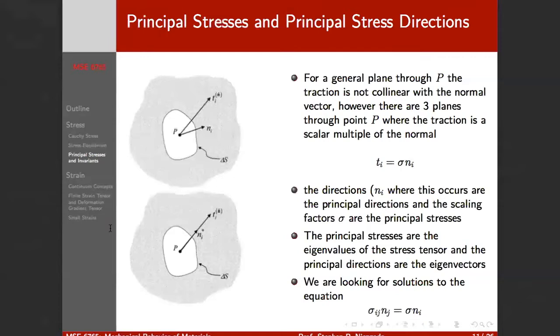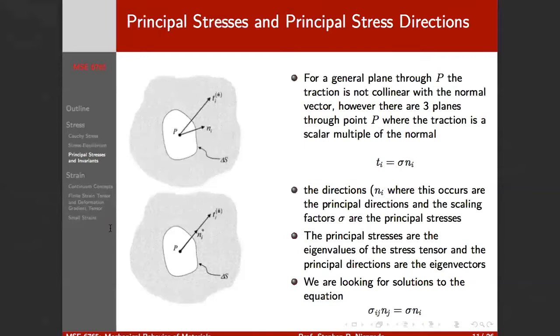So remember, I talked a little bit about linear transformations at the beginning of the first lecture, and I showed the eigenvalue, eigenvector example. It said for an arbitrary linear transformation, I can go from a sphere to an ellipse.